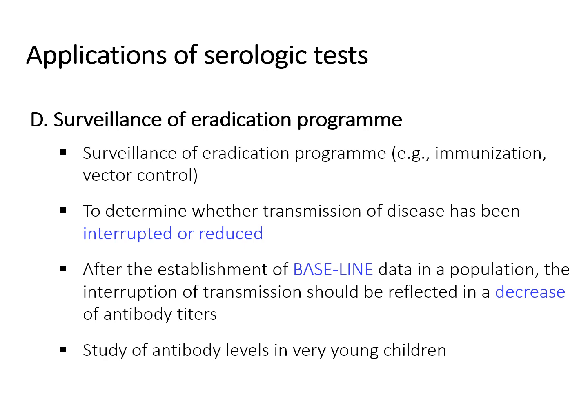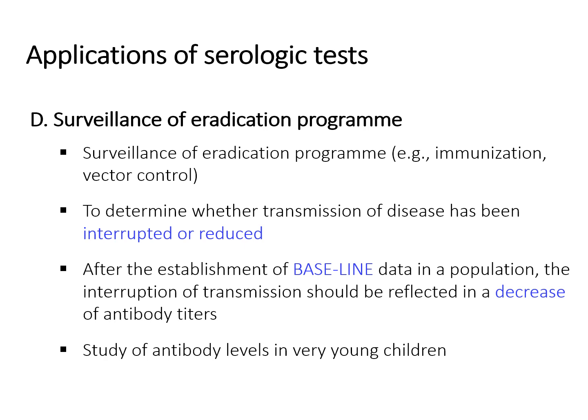Following the establishment of the baseline data in the populations, the interruption of transmission could be reflected in a decrease of antibody titers. The effect of an eradication program is most suitably measured by study of the antibodies in very young children.